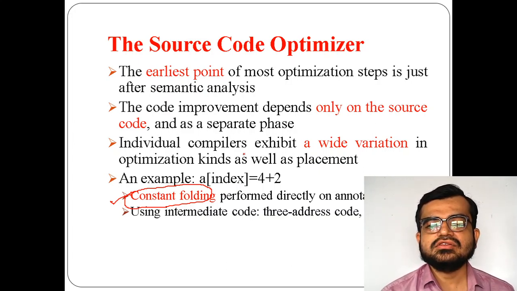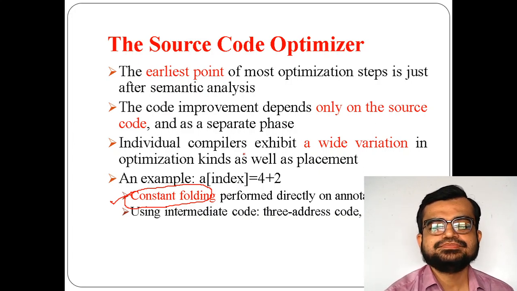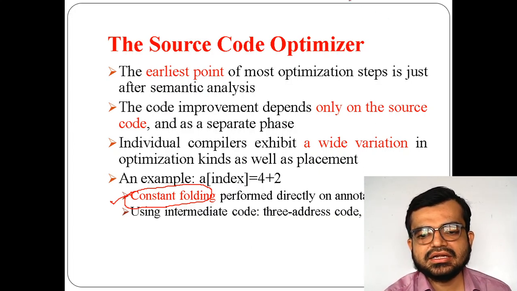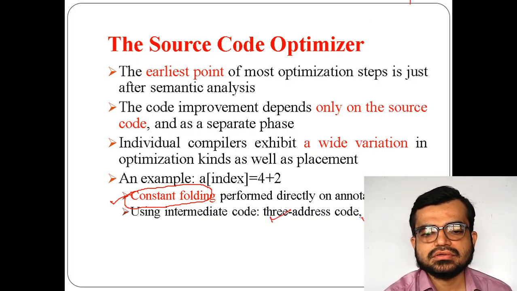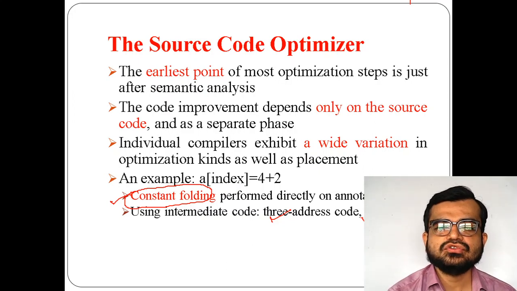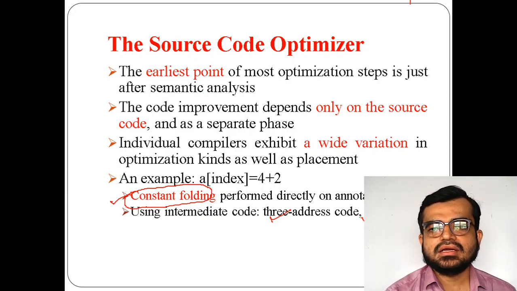Also it can use intermediate code. The intermediate codes used here are three address code and P code. This code will be used on the given annotated tree.